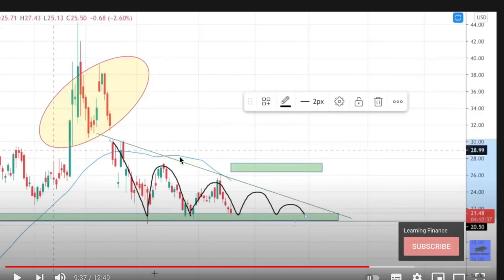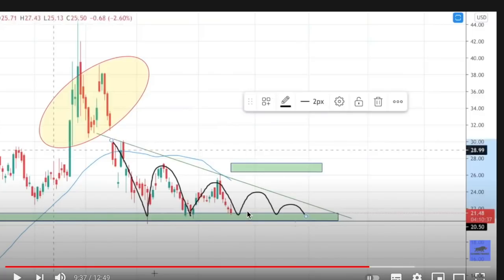Then I told you that this kind of setup is very familiar in technical analysis, and what happens is that we could see following bounces, okay, but as the price continues to bounce from this green area over there, those bounces are getting weaker and weaker.